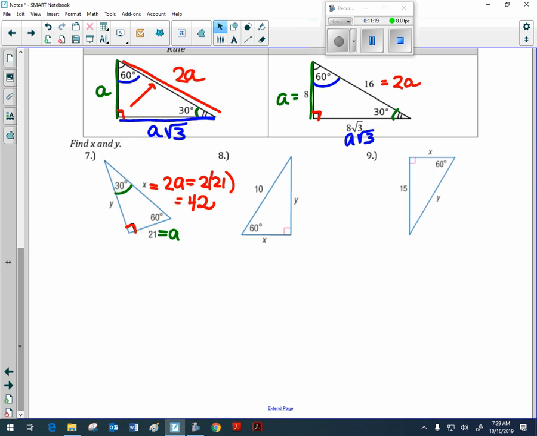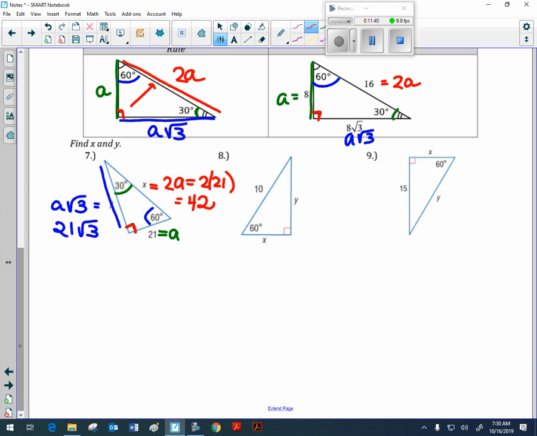And across from our 60-degree angle, they've got labeled as Y. We know that that's A radical 3. Our A was 21, so the length of this side then is going to be 21 radical 3. So we're working the pattern here. We have to make sure we're paying very close attention to what they give us and figure out the pattern.